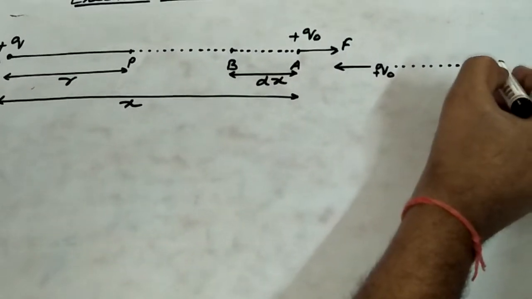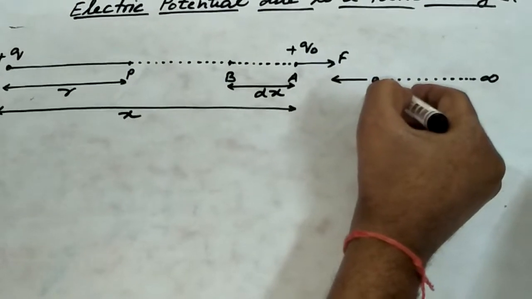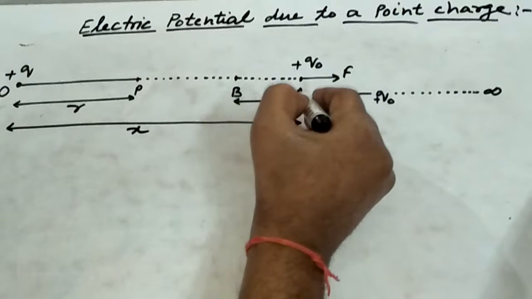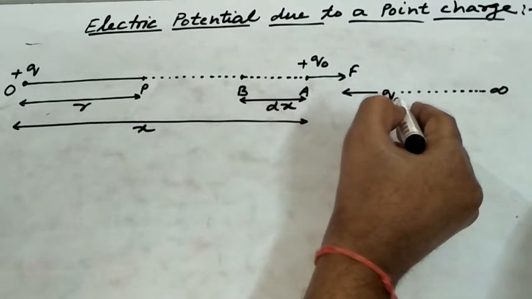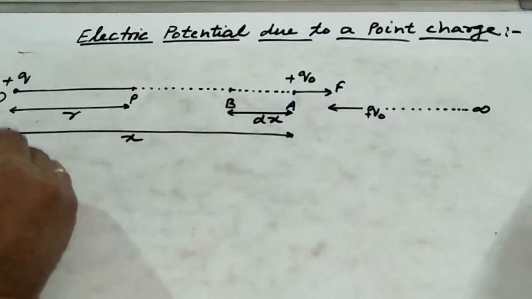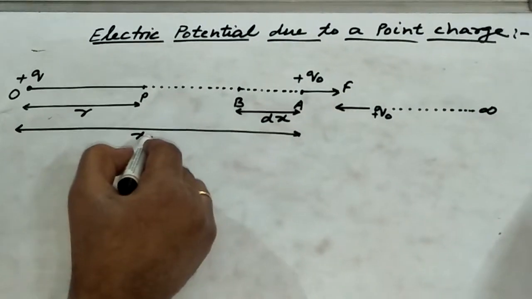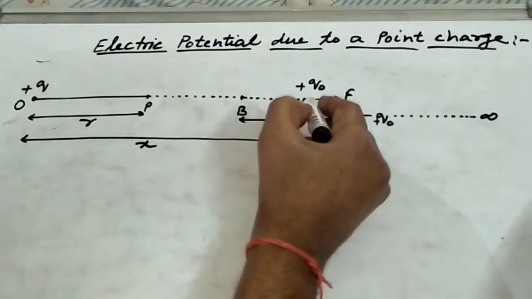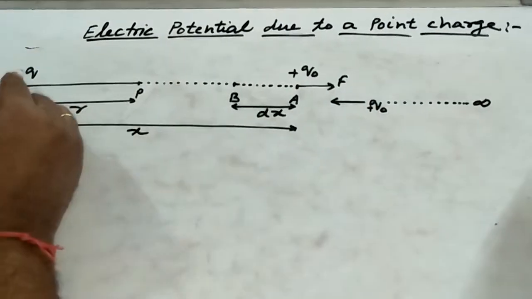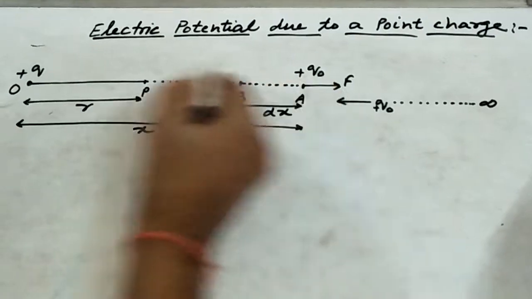Suppose the test charge +Q0 is being carried from infinity to the point A, and when the charge Q0 is at the point A, its distance from charge +Q is x. So when the test charge is placed at point A, it experiences a Coulombian force. This one is +Q, this one is +Q0.